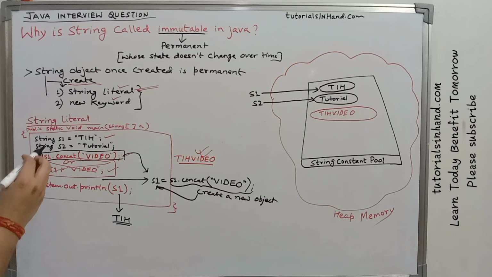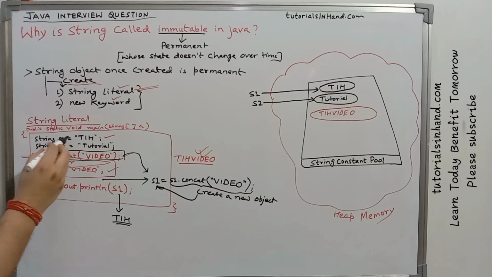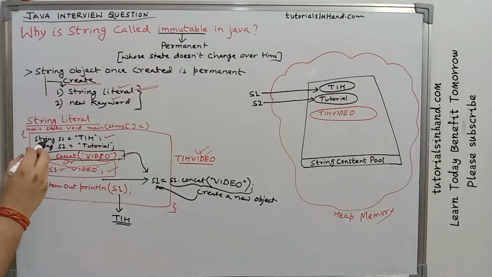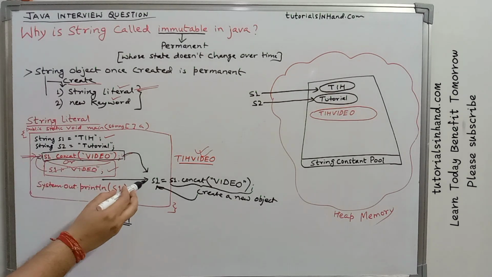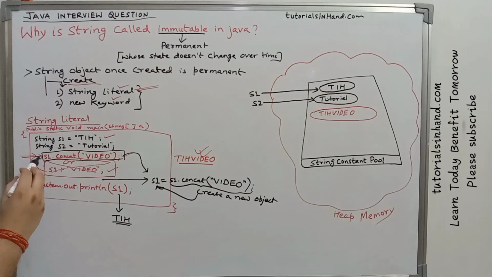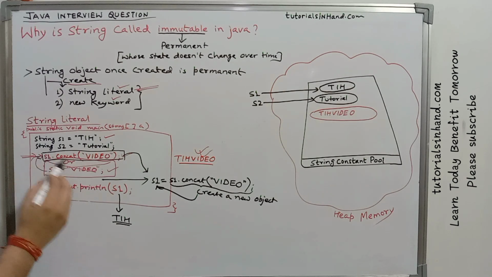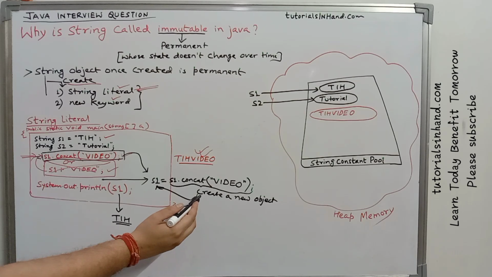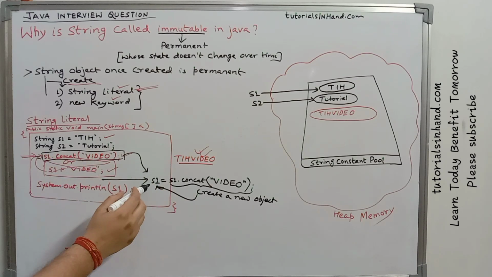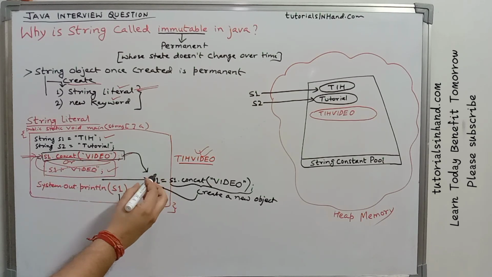And now this s1 that was originally referring to TIH, after the third line of execution, that means the line we are going to write over here, will now refer to this newly created object. That means the value of s1 will be overridden.